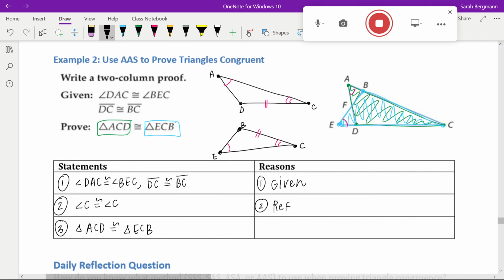That's called the reflexive property of congruence. Alright, so now that we have that angle pair congruent, notice that I have an angle, a side, and an angle. If we look at this in order, it's angle, angle, and a non-included side. Therefore, I can prove the triangles are congruent by the angle angle side congruence postulate.